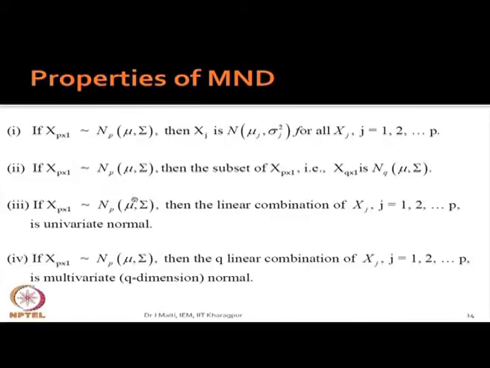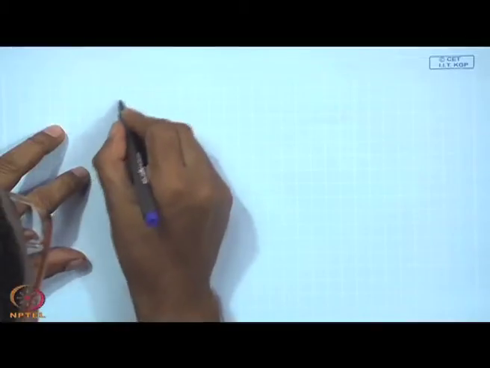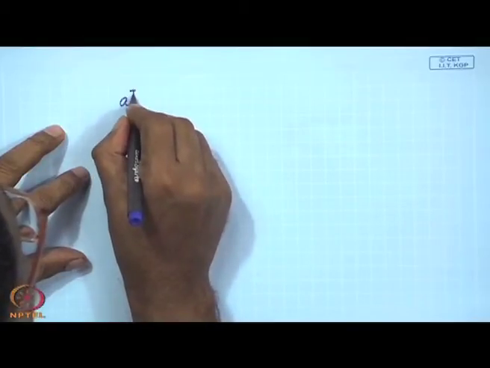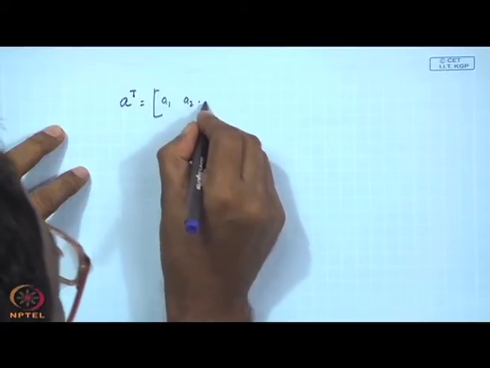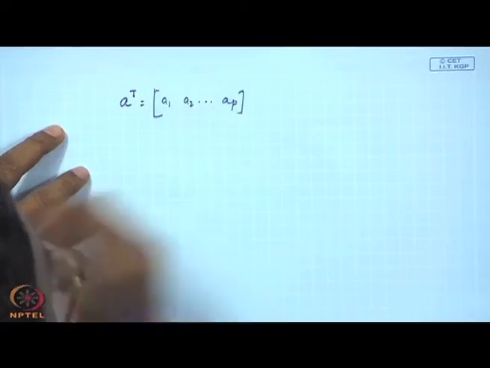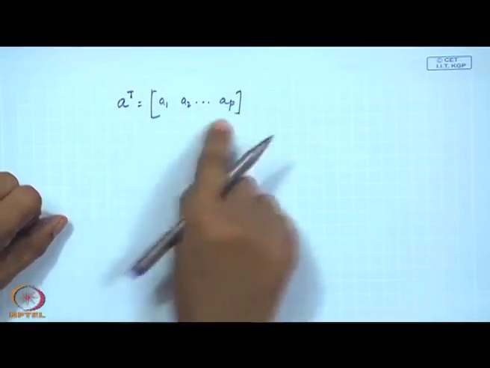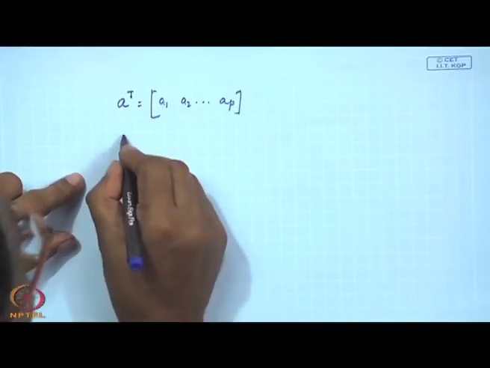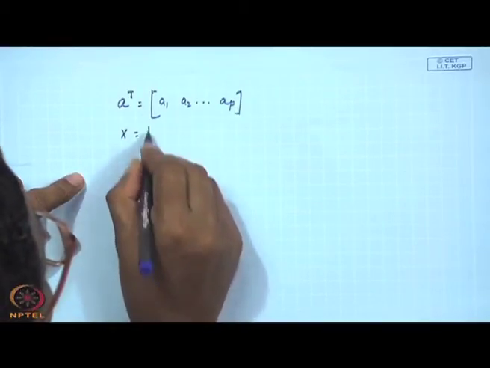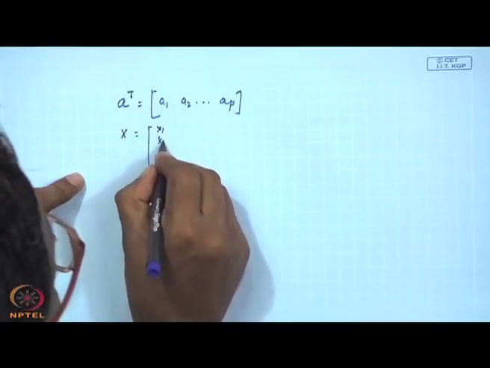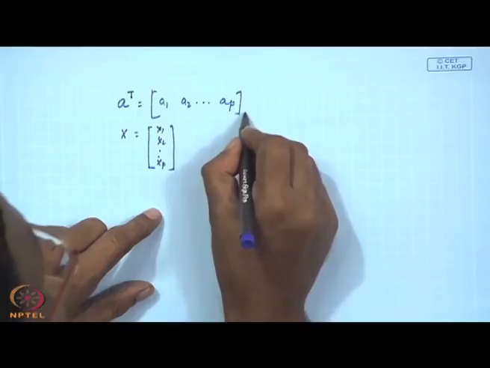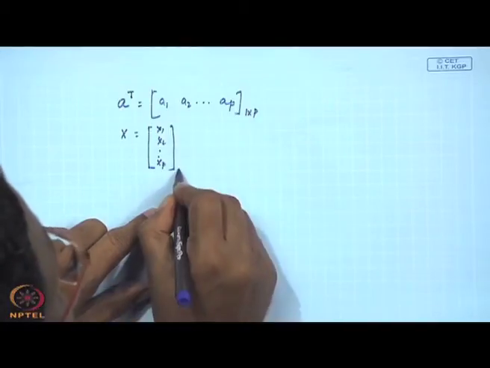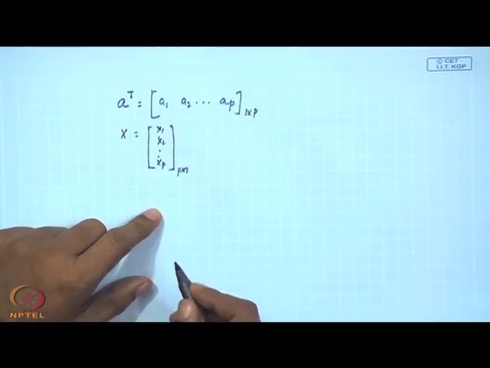What does it mean? It means that suppose I first create a vector like this, a1 to ap, some constant weights. My x is x1, x2, xp. Then this one is 1 cross p, this is p cross 1.